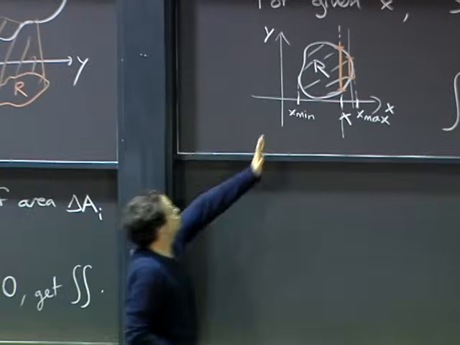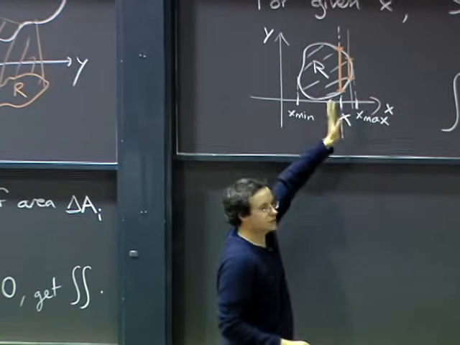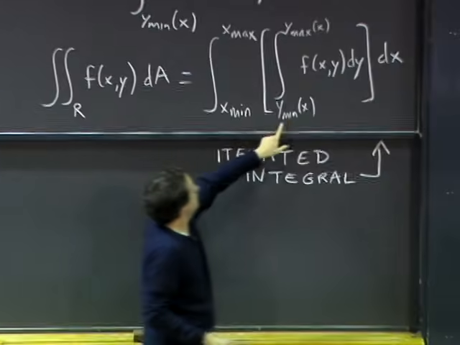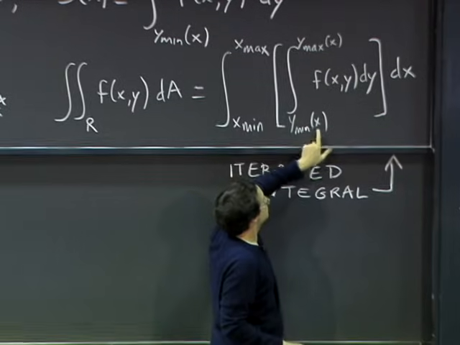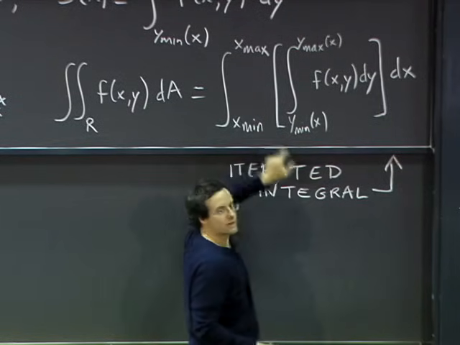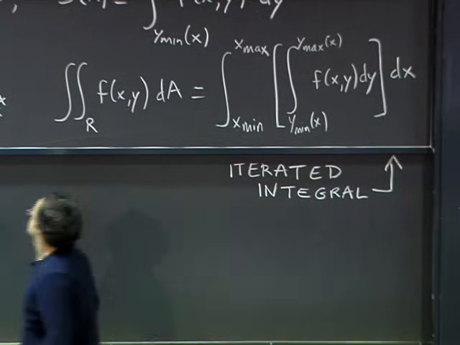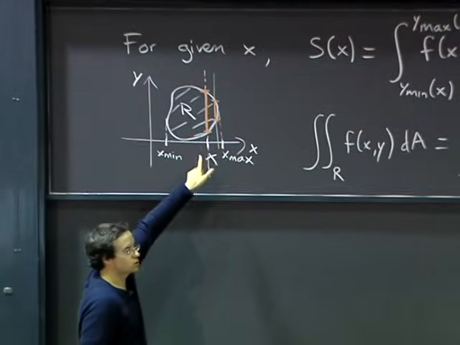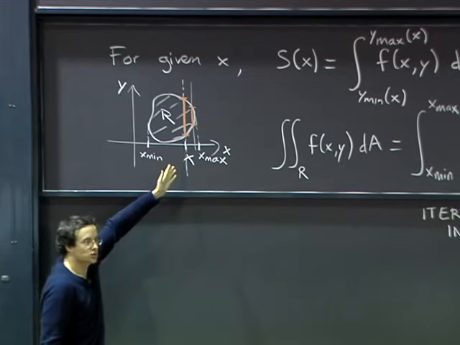For any value in between these, I will have some red segment, and I will want to integrate over that. On the other hand, the bounds on the inner integral will depend on the outer variable x, because if I fix a value of x, what the values of y will be depends on x in general.